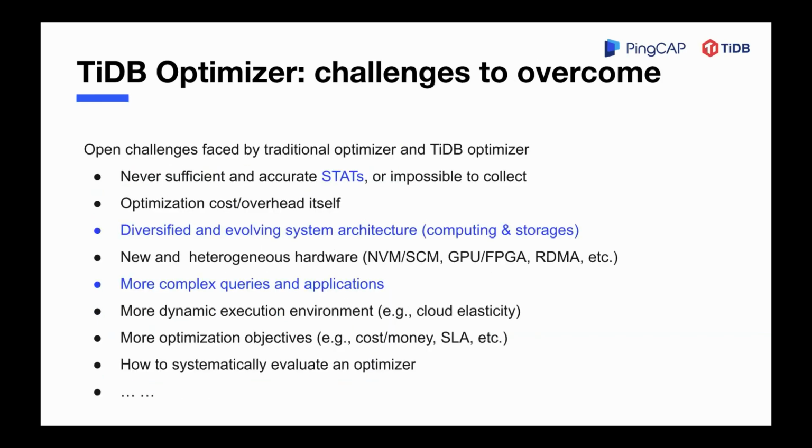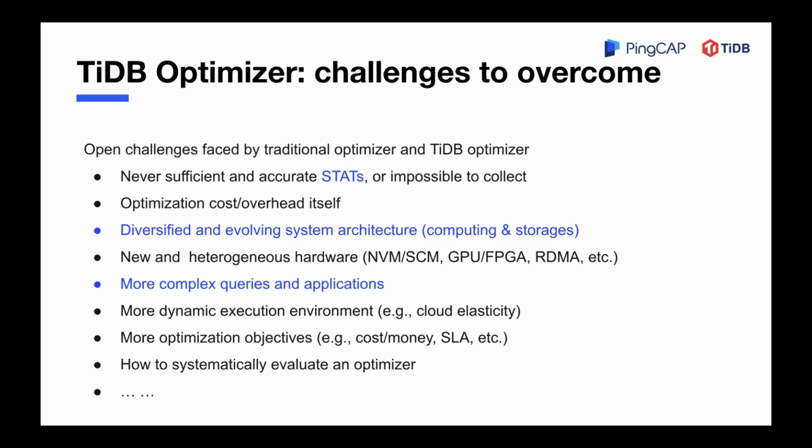Here are some challenges to overcome, not just for TiDB, but seen by almost all commercial database optimizers. For example, stats are very important, and how to get sufficient and accurate stats without impacting the system is very challenging. Also, especially for AP workloads, query optimization can be very computation heavy and resource consuming, so it's very important to mitigate the optimization overhead.